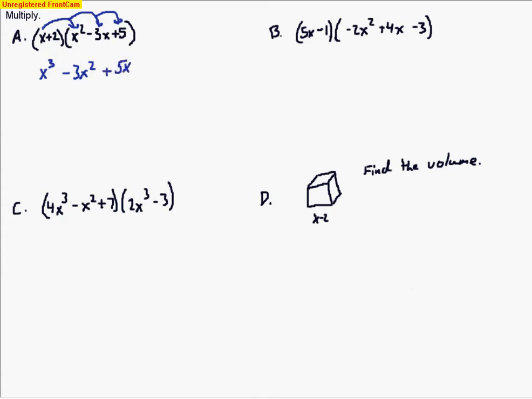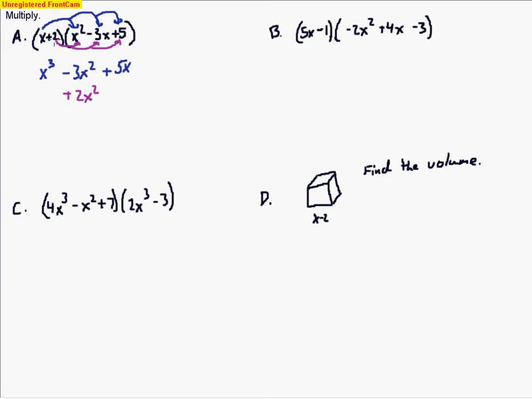Now what I'm going to do is I'm going to move on to the 2, and I'm going to multiply it by each of these terms in that trinomial. And so I'll do the same thing. Now when I do this though, 2 times x squared makes 2x squared. I'm not going to put it underneath the x to the third. I'm going to put it underneath the x to the second. So I'm going to put it right here, so that way I can collect those two terms.